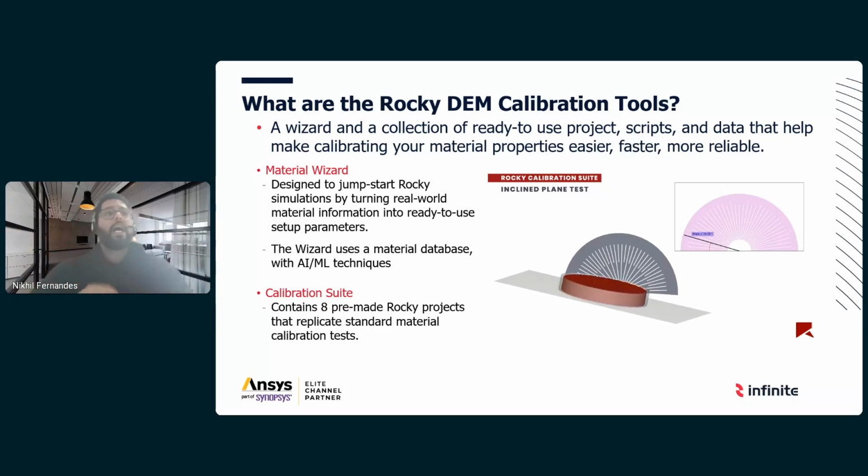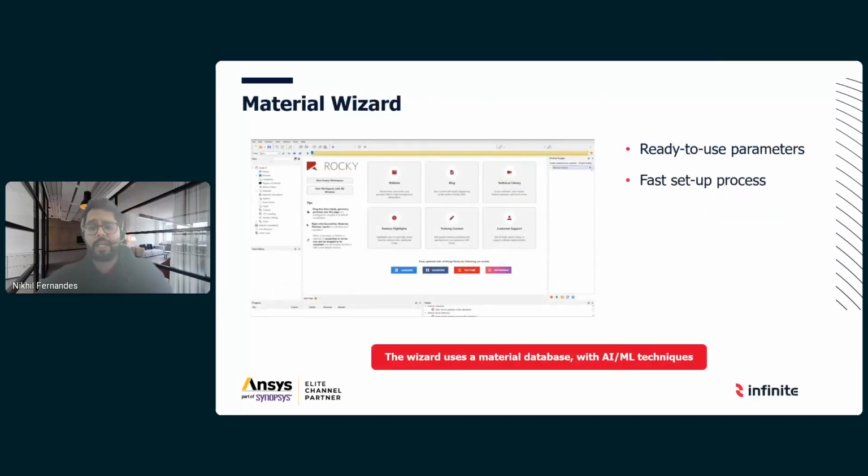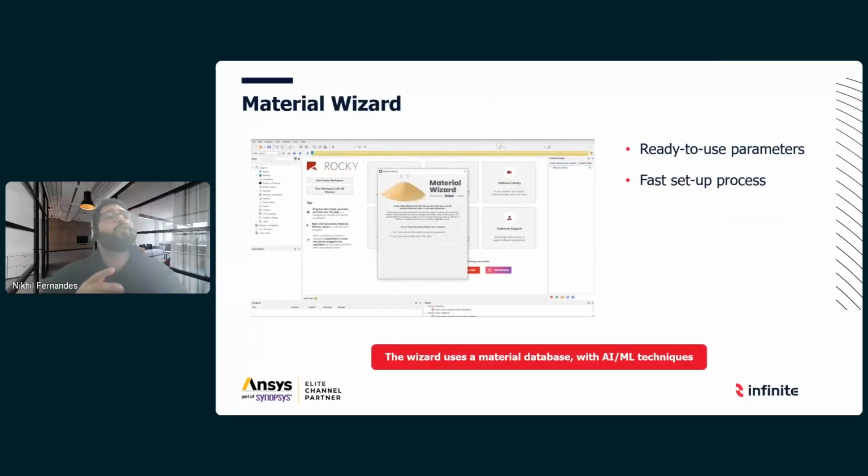The Material Wizard will basically ask simple questions. Is it dry or wet, like you see in this video over here? Do you know the angle of repose? Those are the questions it'll ask. All you need to know is some information about your particle material, and Rocky will create the particle setup for you.